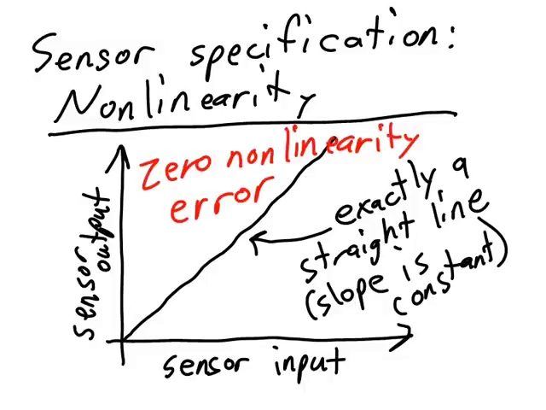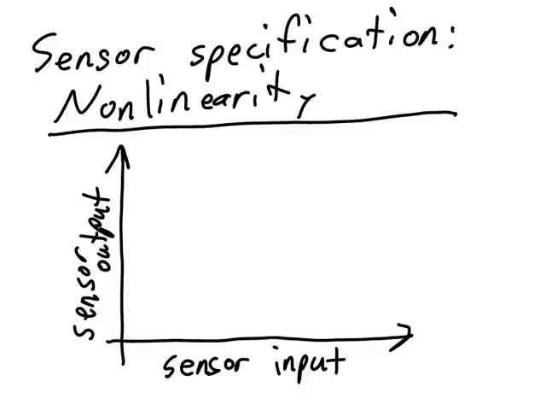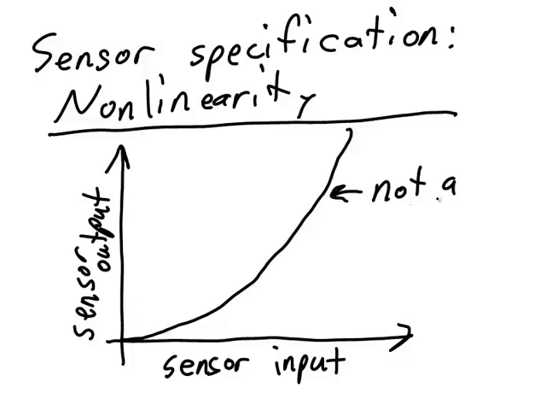In other words, if the sensor response curve is exactly a straight line, then it has no nonlinearity error. Now let's take a look at an example for a sensor that has nonlinearity error. If a sensor has some nonlinearity error, the response curve might look something like this. In this case, the sensor response curve is not a straight line.